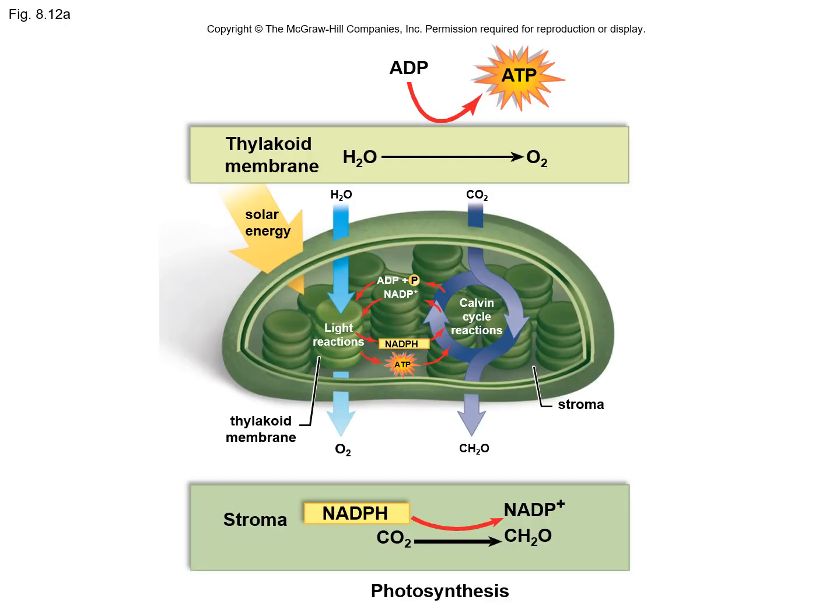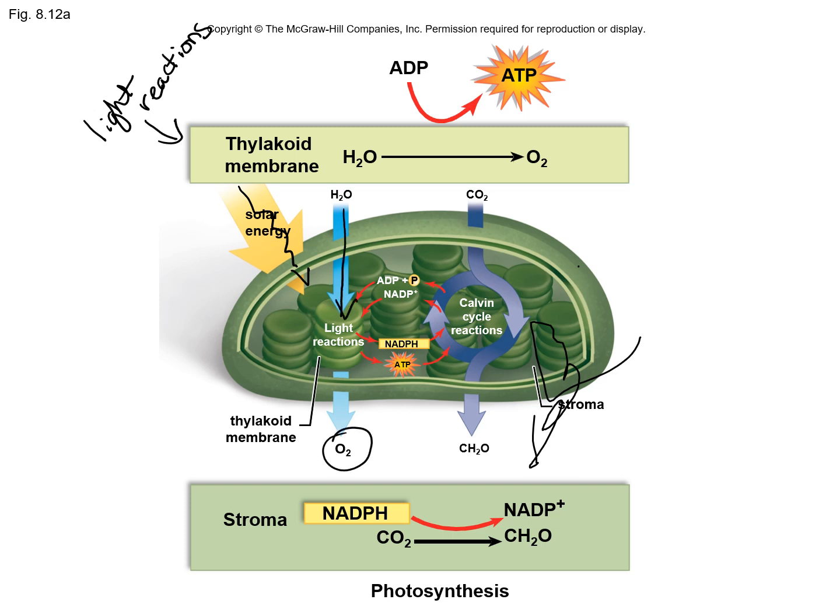Our first step, right here, is the light reactions. There's actually two reactions that occur. We get our solar energy, and the light reactions take water and break that down into oxygen, transfer the hydrogens to these escort molecules, these NADP molecules, and carry those hydrogens over to the Calvin cycle.